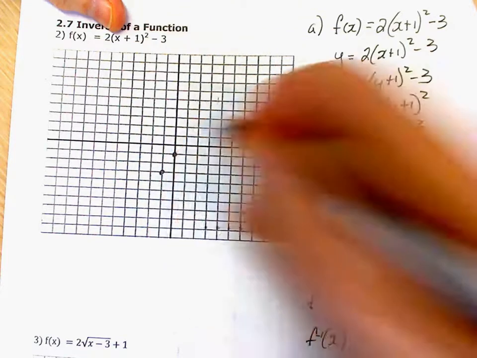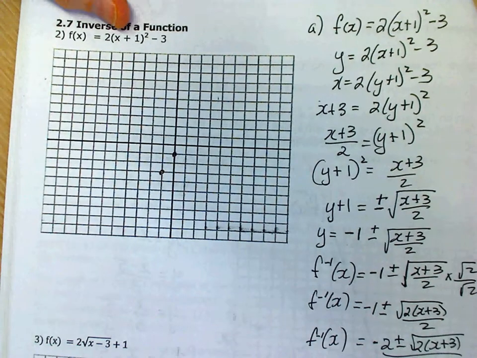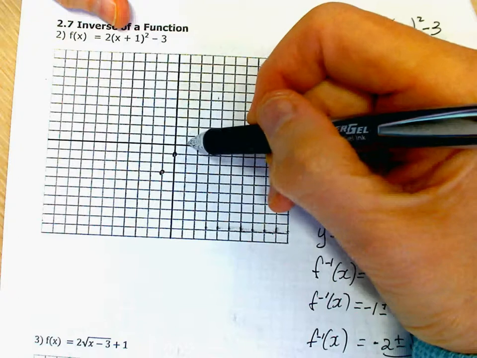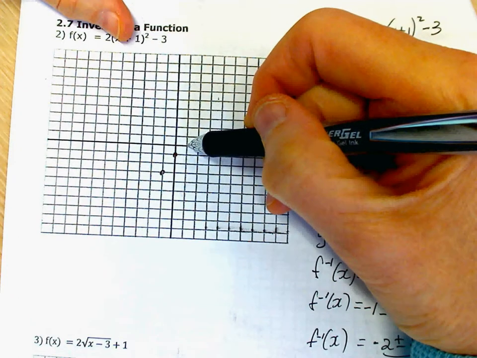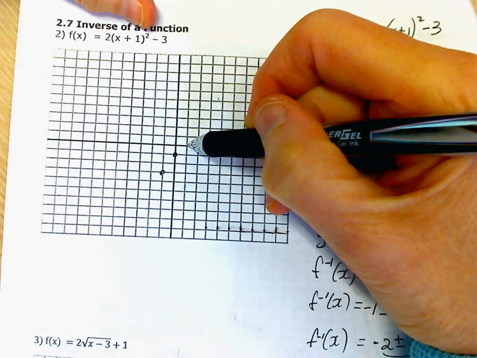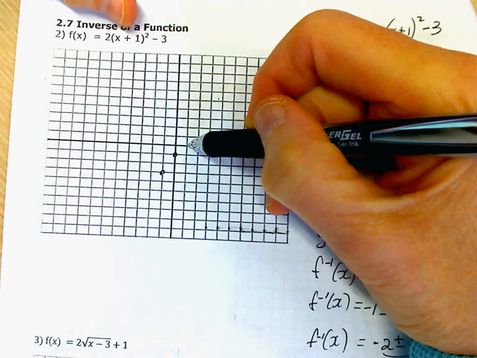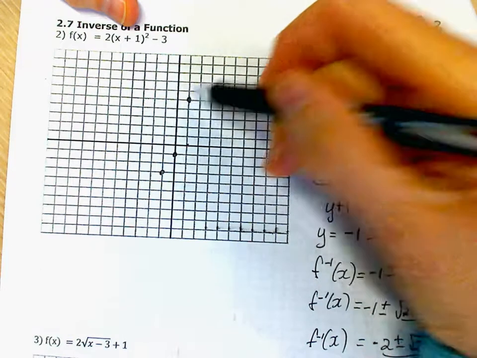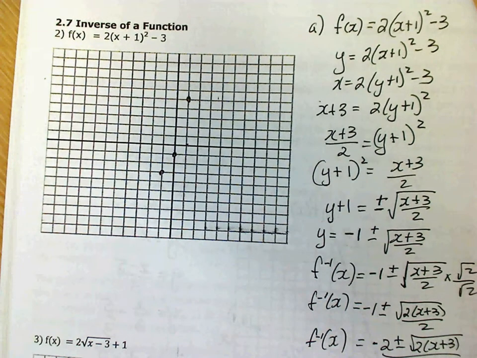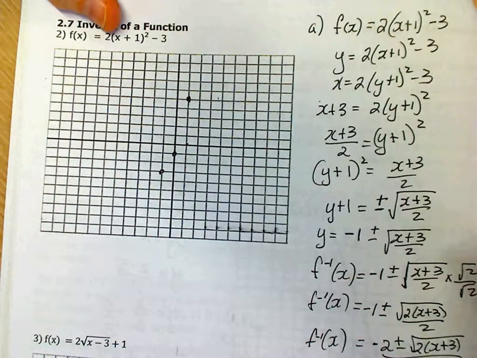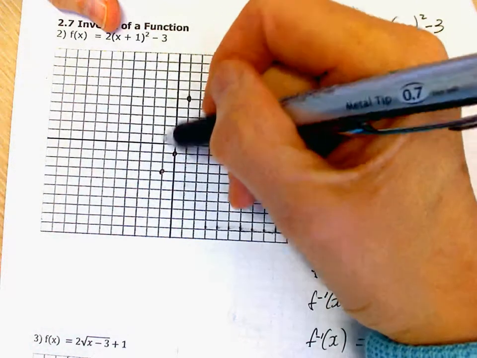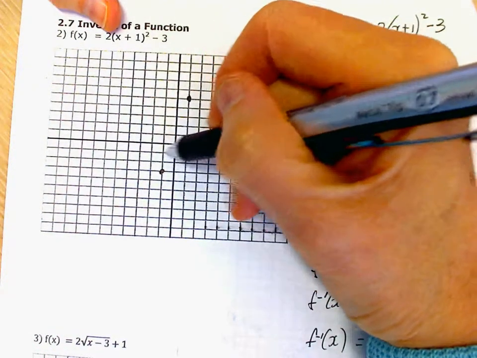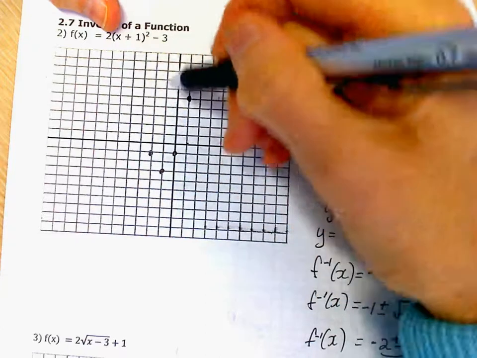If x is 1, 1 plus 1 is 2, 2 squared is 4, 2 times 4 is 8, 8 minus 3 is 5. And the rest of the points I'm going to get by reflection. So here's my axis of symmetry. I know I have a point there, and I know I have a point there.